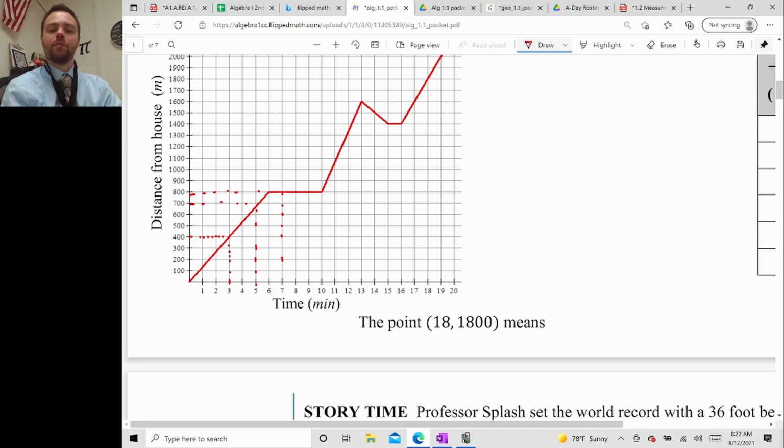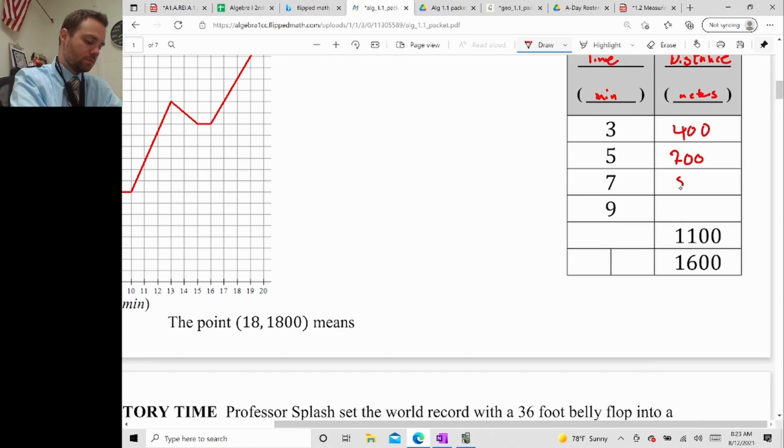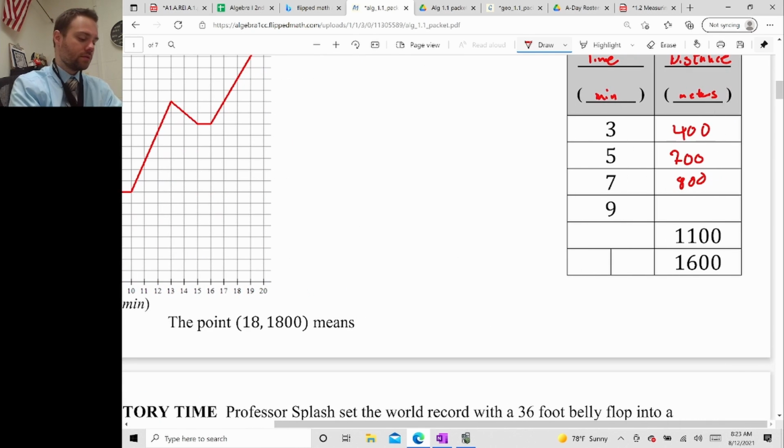Maybe he had to stop and pick something up. Maybe he had to go get breakfast, so he had to wait in line for a few minutes. So that's 800. And then if we take a look at 9, even though we've moved forward in time, our position hasn't changed. So we're still at 800 meters from the house.